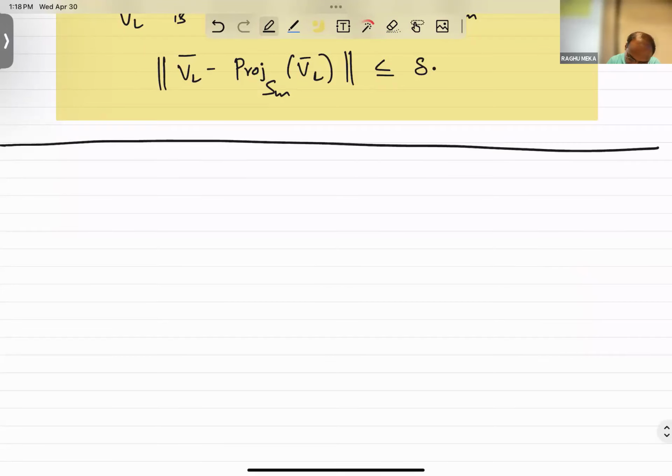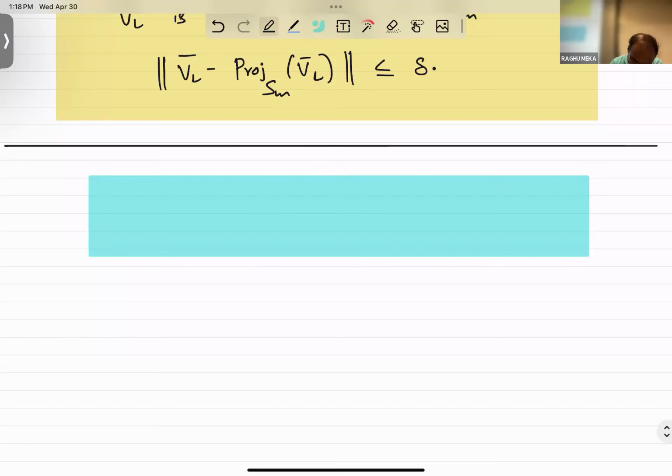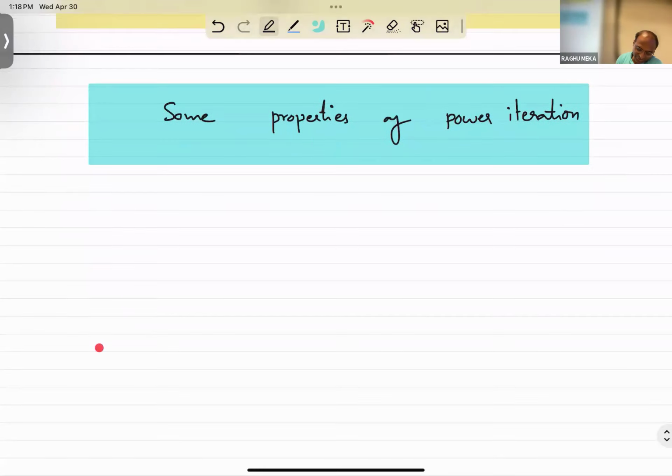Okay, so what are those? So imagine for whatever reason, I give you three matrices, x1, x2, and x3.